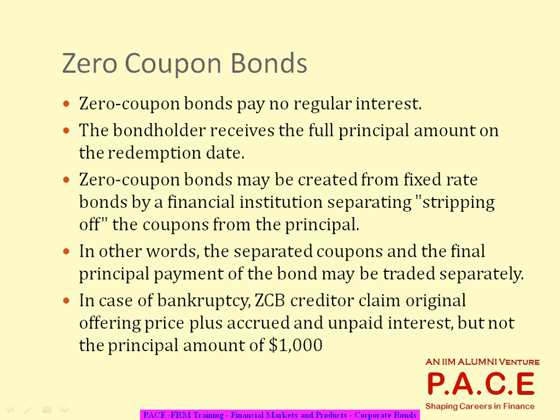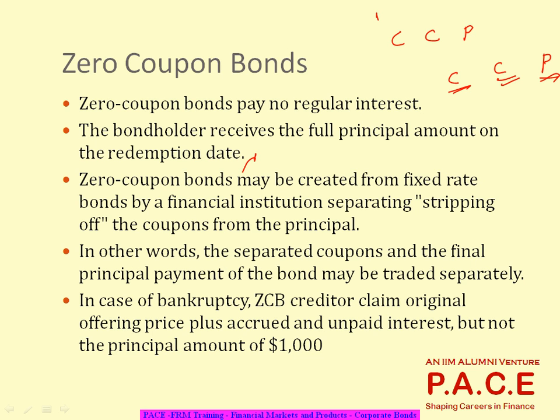So let's say there is a coupon bond which is paying C and then the principal. I can very well make them into three different zero coupon bonds. One bond which will pay C, another bond which will pay C, and another bond which will pay P on the maturity.